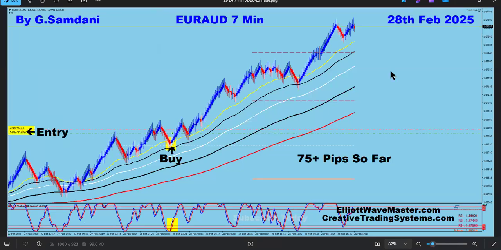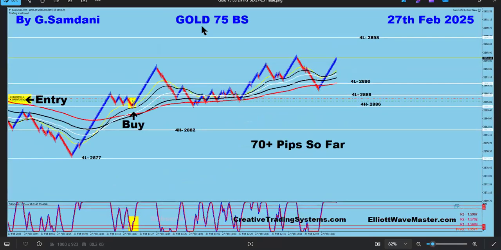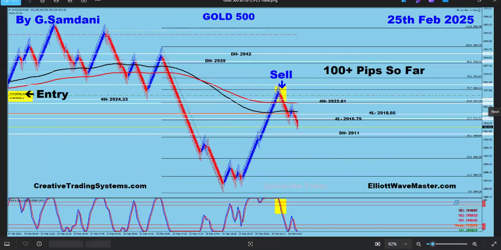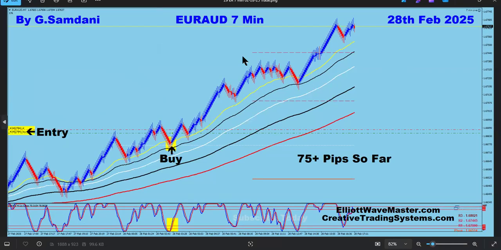But anyway, this is also 75 pips. I think, no, this is not. On the gold again, this one is on the 27th. I don't know why it's here. Okay, these couple of charts are wrong. So all these, almost 29 trades, right? And credit goes to my expert advisor robot.